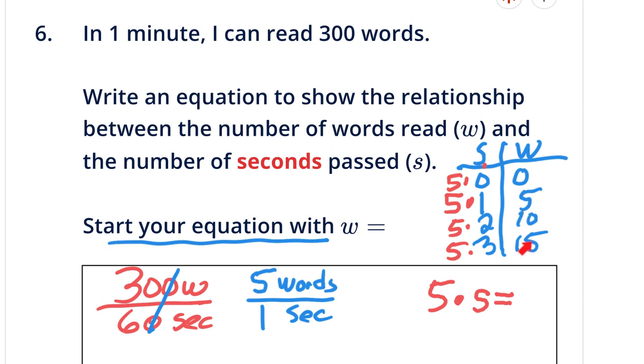So instead of writing these numbers, I'm going to use a variable of W for words. Another way you could write it is you could start with W and say W equals 5 multiplied to S. Let's try this. There's a better S, but my S's sometimes look like 5s. I am sorry. But either of these work. 5 times S equals W, or W equals 5 times S.